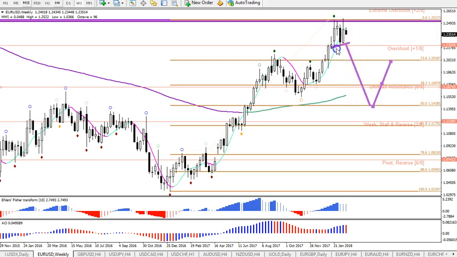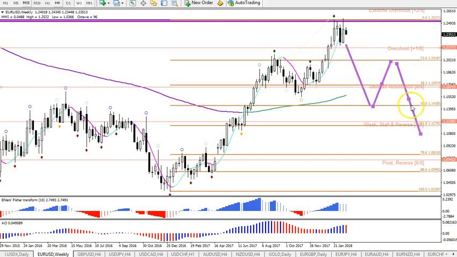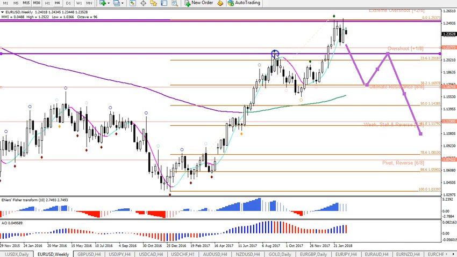This is what I would be expecting in that case, as I already indicated in previous videos. This move is probably more likely to the 38 fib, like that. And there could be a head and shoulders with this particular left shoulder right there.